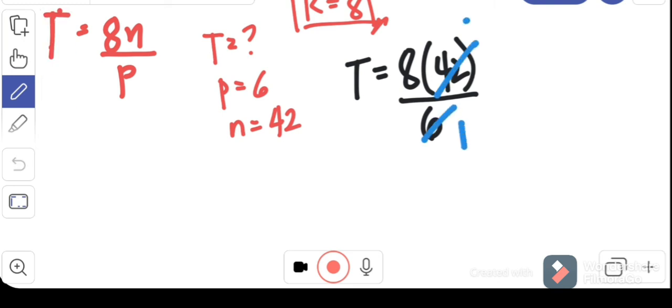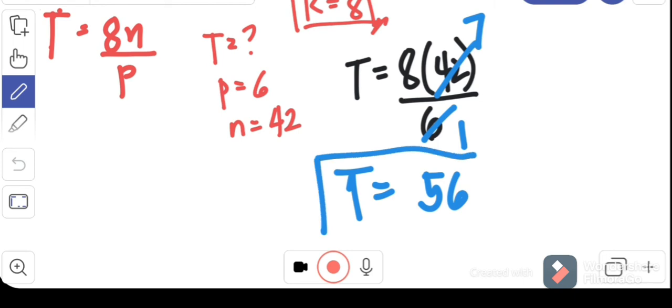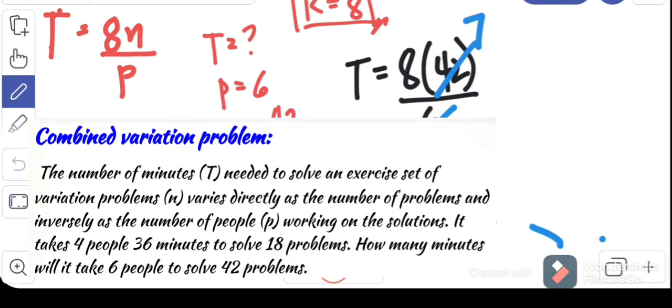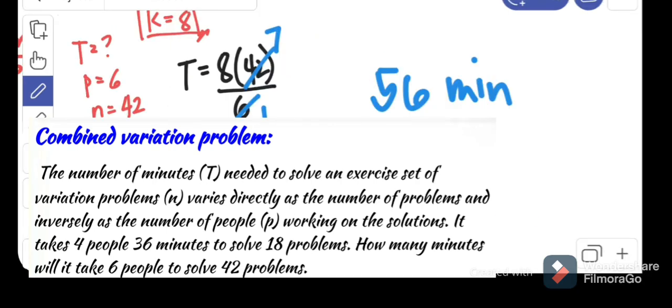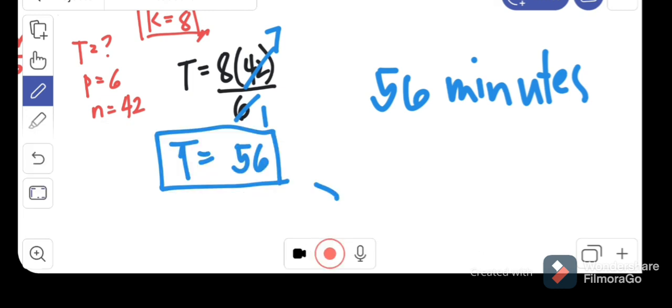This is 1, 7. Now T is equal to 56. So the time is 56 minutes. Final answer. Answer is 56 minutes to solve 42 problems for 6 people.